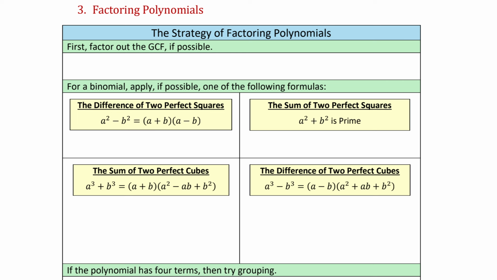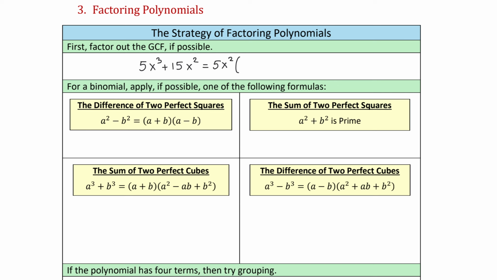For example, let's say we have the polynomial 5x cubed plus 15x squared. This polynomial has two terms, and the greatest common factor is 5x squared. Then to factor, we will need to factor out 5x squared.